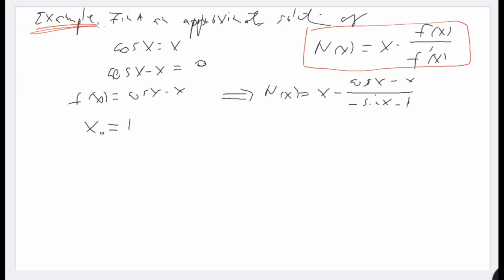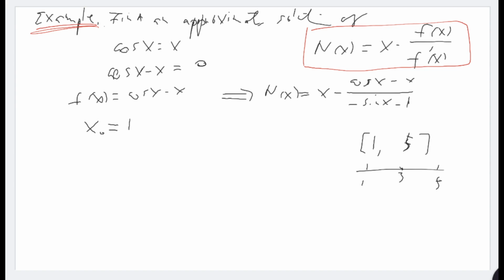For example, if you are asked to find an approximate solution between 1 and 5, then you probably want to pick the middle point, which would be 3, because 3 is right in the middle of 1 and 5.